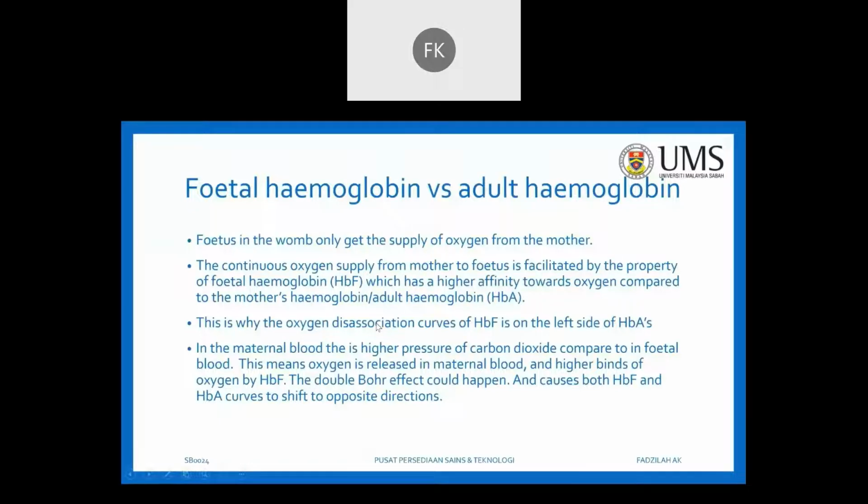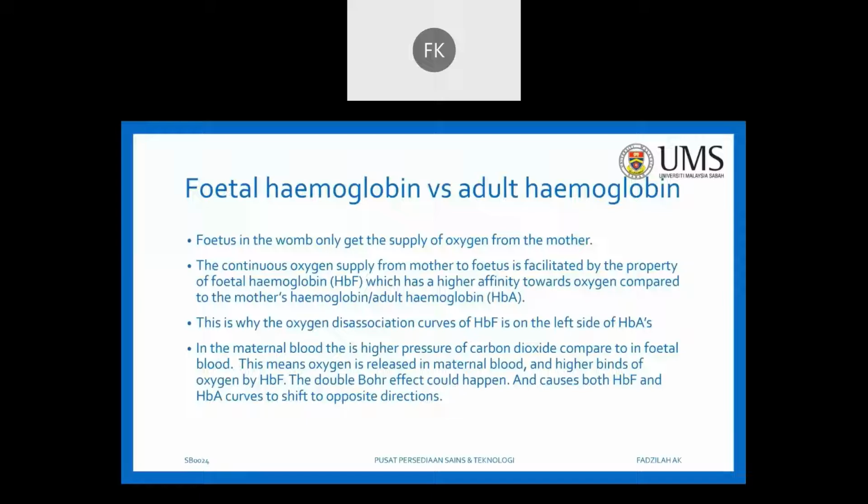Okay, besides the common hemoglobin we talked about before this, we also have fetal hemoglobin. This is for the fetus inside the womb of the mother. The fetus in the womb only gets the supply of oxygen from their mother.